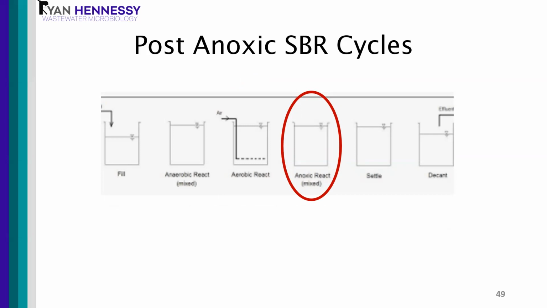So very commonly in an SBR process, after you nitrify, you can have an anoxic reaction where the oxygen is turned off, the aerator is turned off, and just mixing occurs. And that's allowing us to remove the nitrate, turn it into nitrogen gas, as well as recover some of the alkalinity and the DO, especially critical for plants that may have total nitrogen limits or nitrate limits, things along those lines.